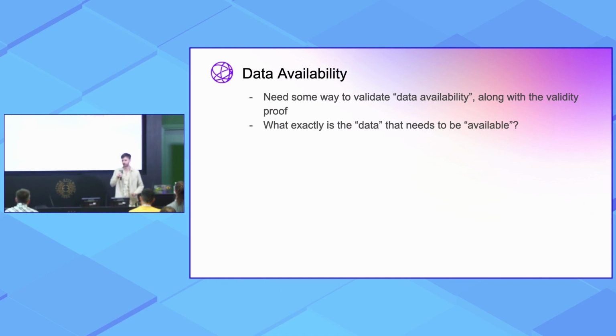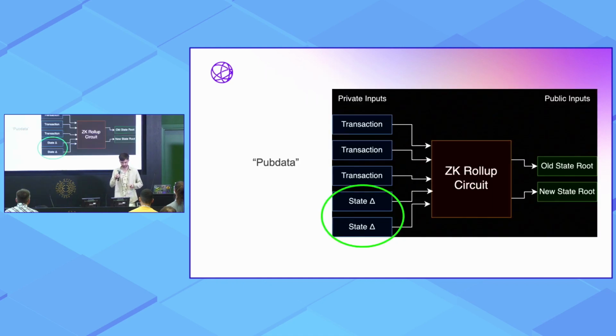Now, what exactly is the data that needs to be available? So remember the circuit for the ZK rollup, and remember its private inputs. Some subset of the private inputs are necessary to reconstruct the state and produce the next state transition, or for users to be able to withdraw their balances, etc. We call this the pub data, the subset of the private inputs for which the verifier needs to validate availability.